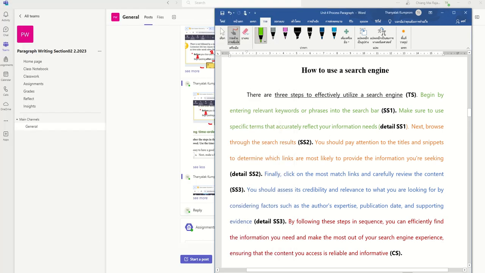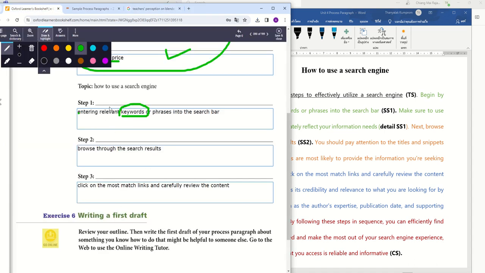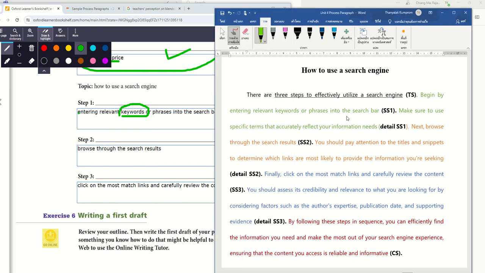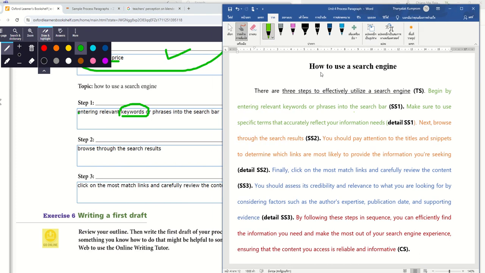Oops, sorry. So now let's get back to the mind mapping right here. There are 3 steps, and then I skip outlining. All right, but you can see the first draft, or it can be the final one. I have the topic sentence.